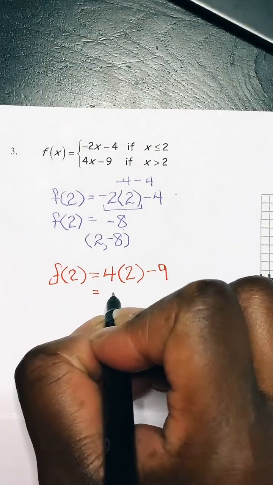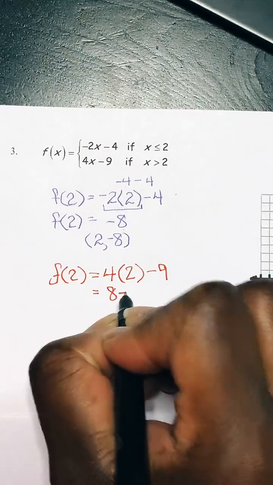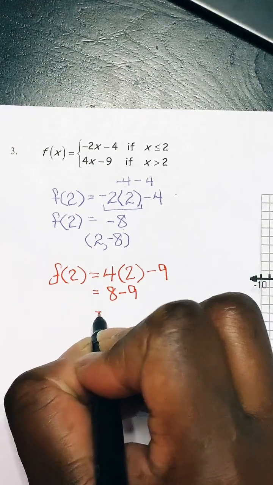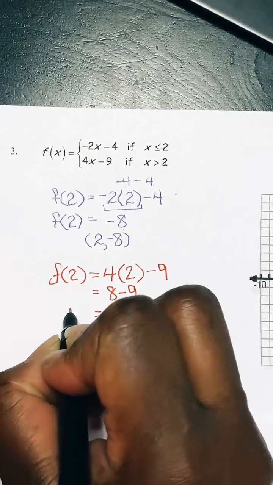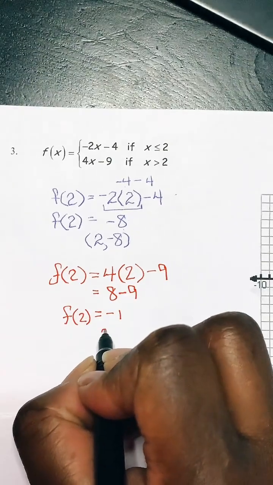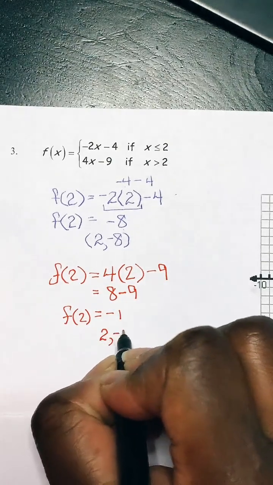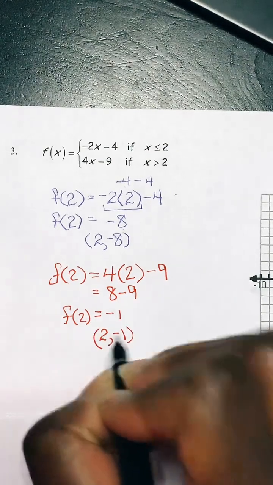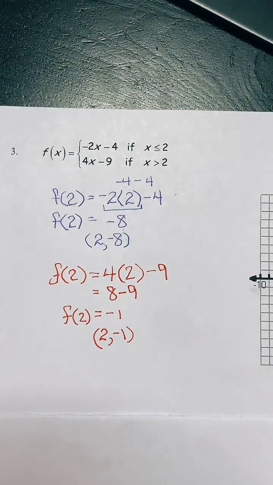So we have 8 minus 9. That does give us a -1. So the ordered pair is going to be 2, comma, -1. Okay. Good, Michael. All right, good. Here we go.